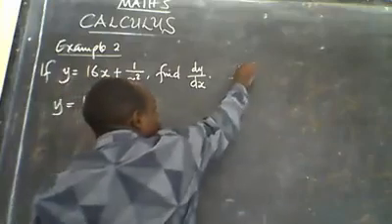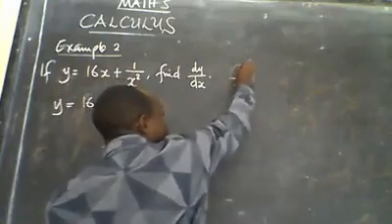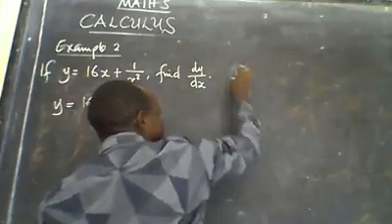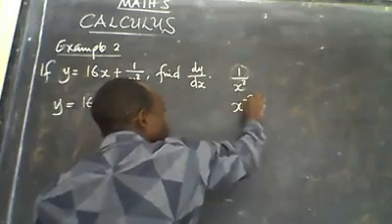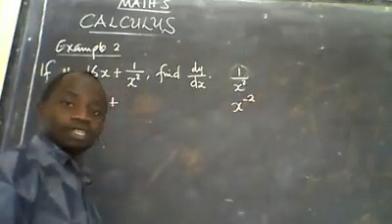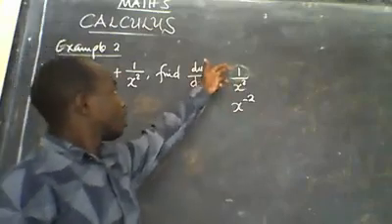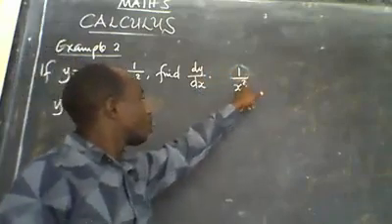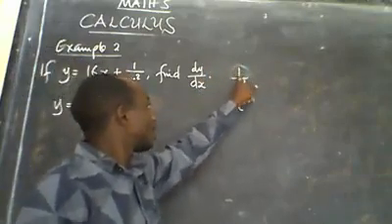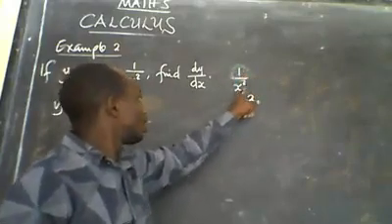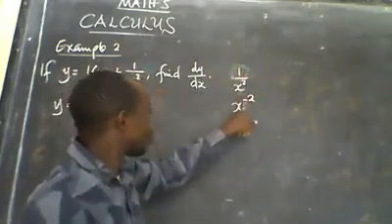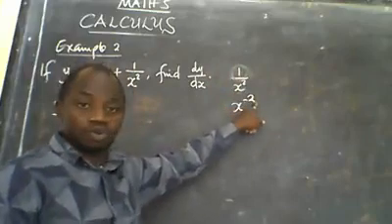So the 1 over here is negative in indices. This entire thing is the same as saying x to the negative 2. I've changed it. I'll put the negative here, so it will be x negative 2.